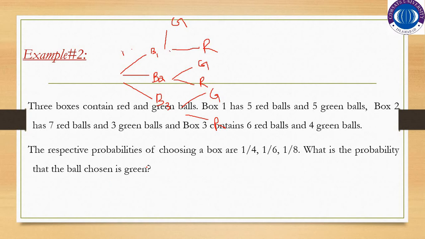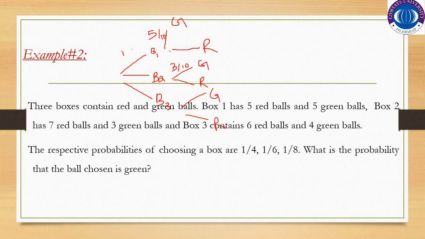So, if we see box number 1, we have 5 green balls and total we have 10 balls. So the selection probability of a green ball from box number 1 is 5 by 10. Selection probability of a green ball from box number 2 is 3 by 10, because we have 3 green balls and total balls in box 2 are 10.